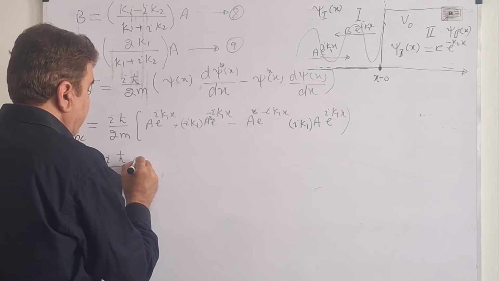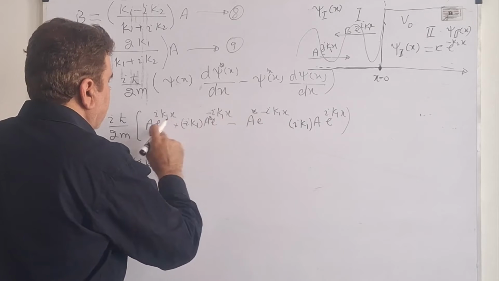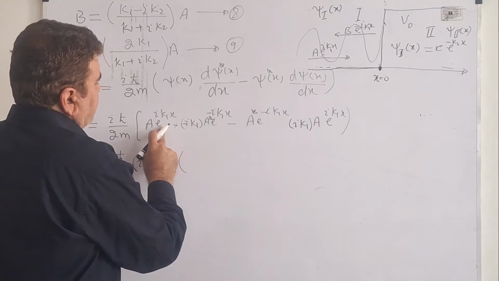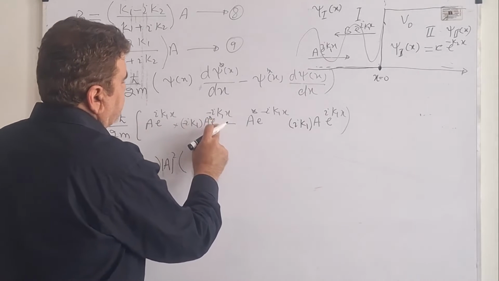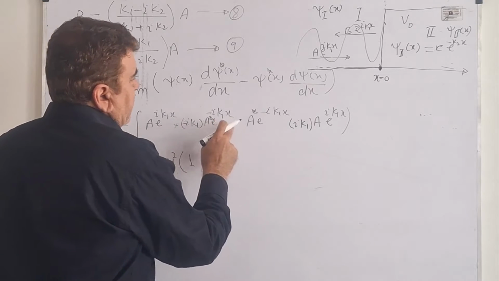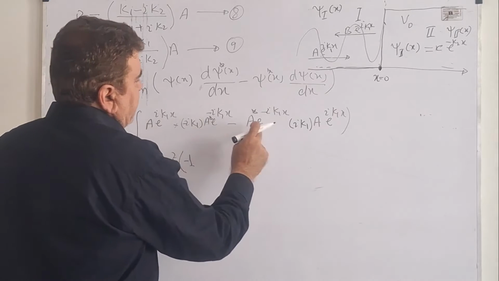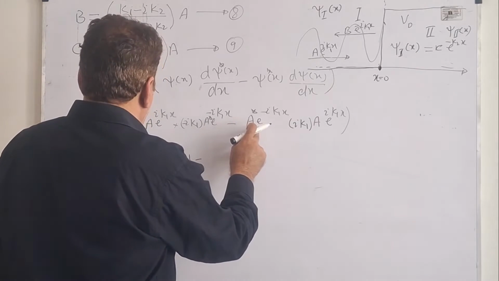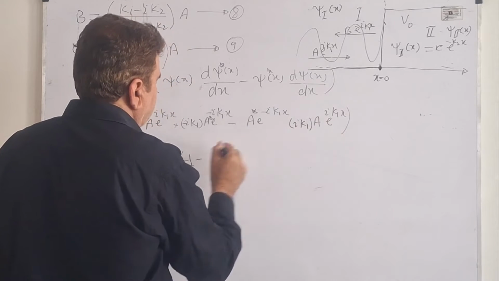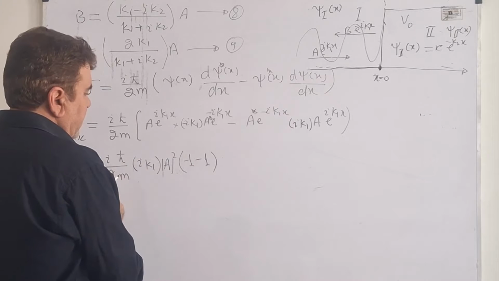I can write iota k1, this, and then A mod squared. And then this exponent iota k1x multiplied with this exponent minus iota k1x gives me 1. And then minus 1 because there is a minus. And here I have minus, and this exponent minus iota k1x with this exponent iota k1x gives me 1.